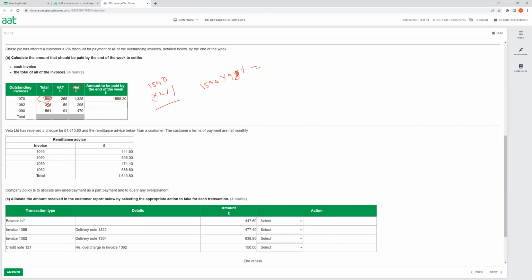The next one again, 354 times 98%, that will give us 346.92. Then we have 564 times 98%, so 552.72. And if we add all of this, 2457.84. All right, that's it.